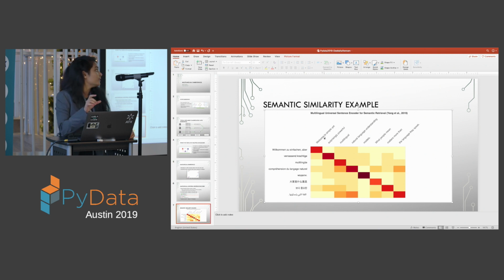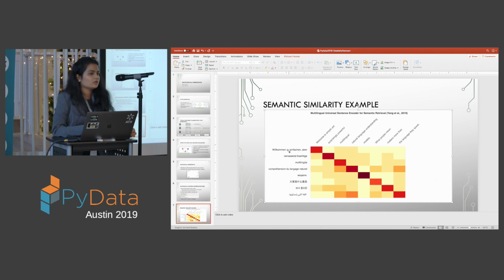So we have divided this big sentence into multiple smaller phrases, and for each of those phrases, I also have the language translation into different languages. So this is in German, and this corresponds to welcome to simple yet surprisingly powerful. I'm not sure which language this is, but anyway, you get the gist.